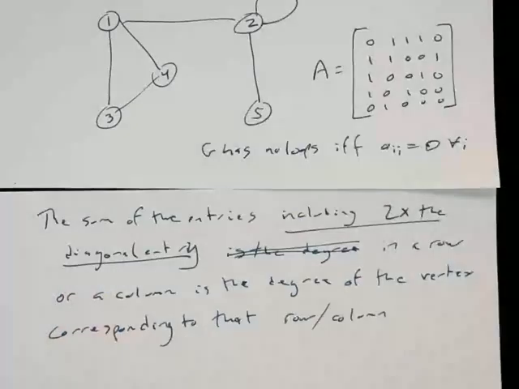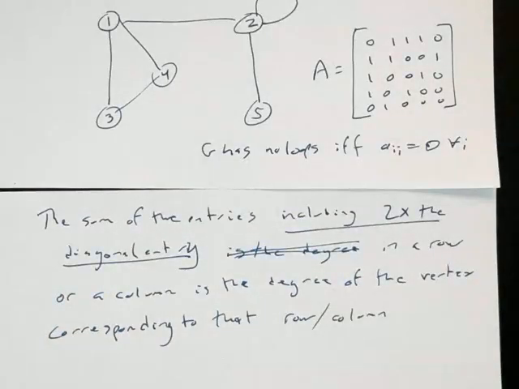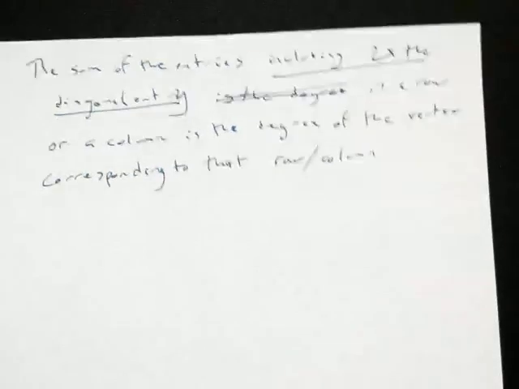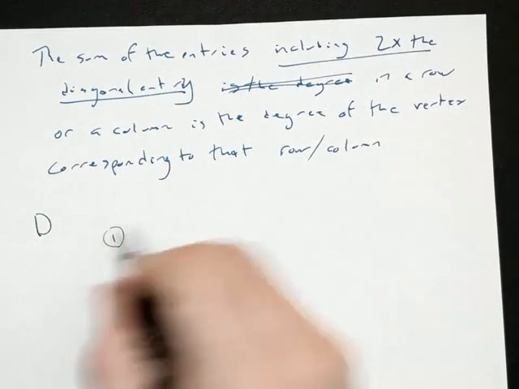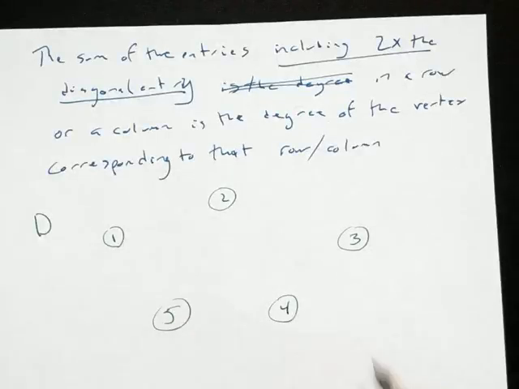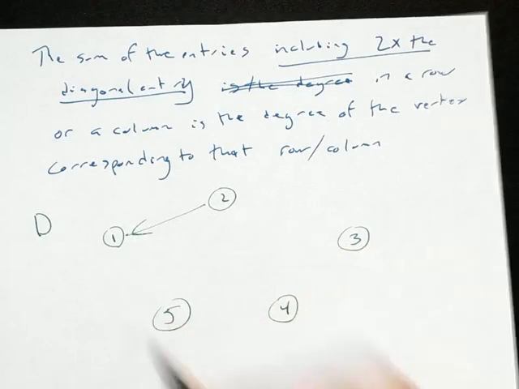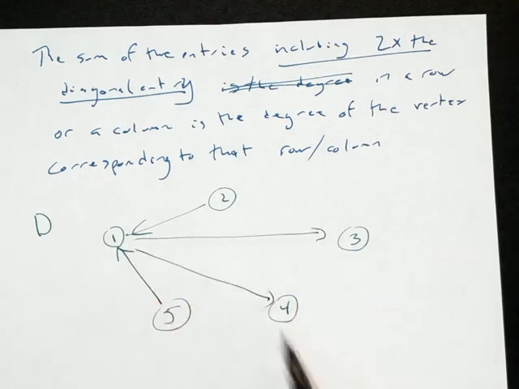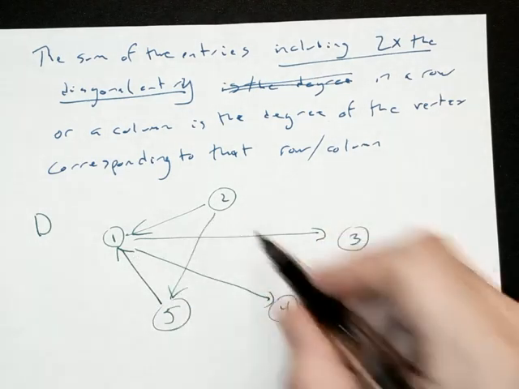What changes if I have a digraph instead of a regular graph? Again, I stole this from the book.